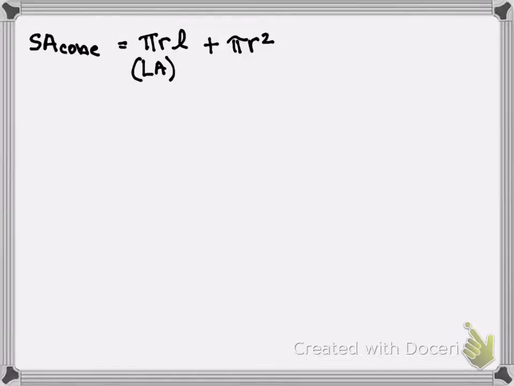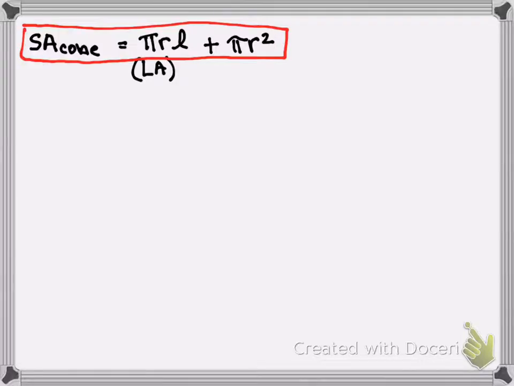Okay? So this is the formula that you have to memorize. But if you got down the hard part, the lateral area, and you realize there's just one more circle, and you know the formula for the area of a circle, you can put it together. So this isn't that hard to memorize, okay?